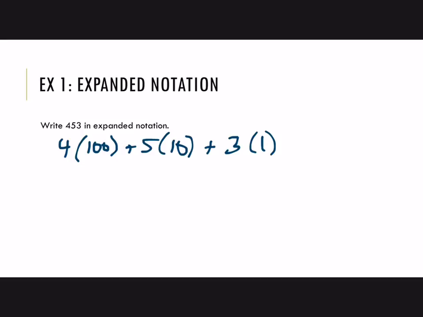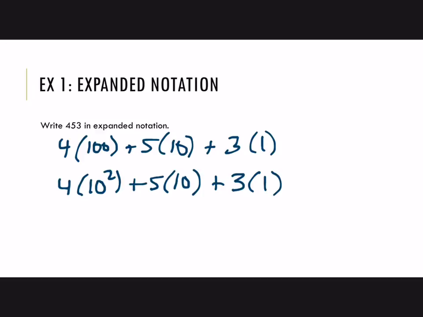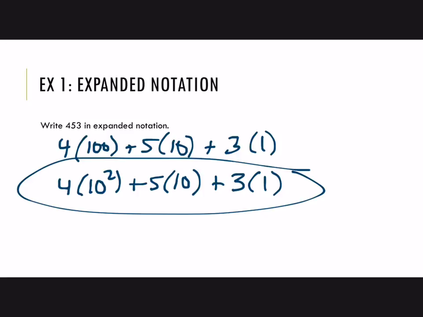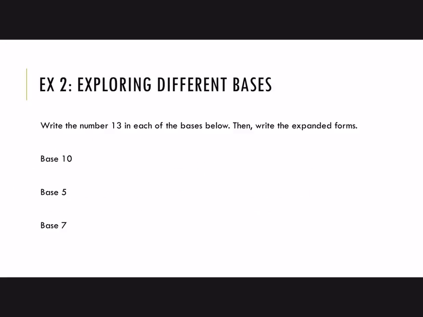Then the final step is to write these using powers of 10. So this is 4 times 10 squared, 5 times 10 to the first, or just 10, and then 3 ones, or you can even just write 3. Okay, so this is expanded notation. Now this is going to be helpful for different bases, and you'll see why in a minute or two.